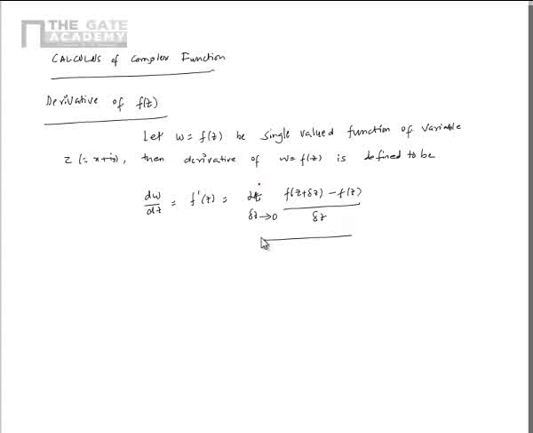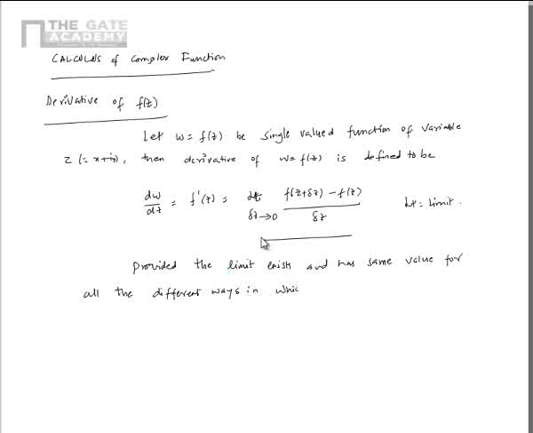So this is the limit. Okay, LT is basically limit. Now this is defined such that, provided the limit exists and has the same values for all the different ways in which delta z approaches 0.